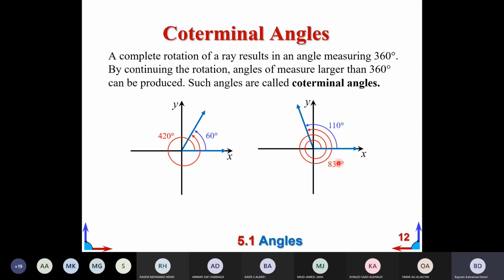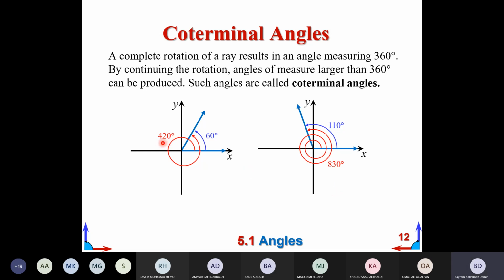And similarly, Shabab, we have 830 degree. How much is that? Well, it is one full rotation, 360, another rotation, 720, and 720 plus 110 gives you 830. So you see 110 degree and 830 degree are coterminal angles. Now here is the idea, Shabab.